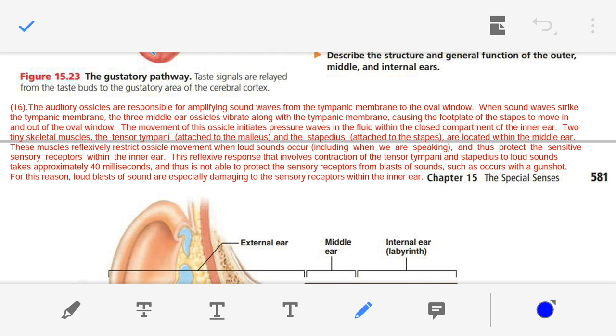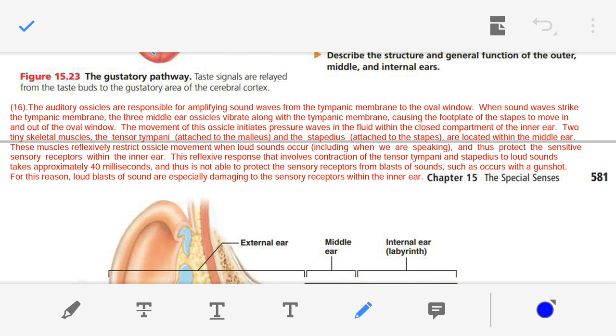Due to this high pressure, the receptor cells in the inner ear are going to be damaged, so the entire hearing process is going to be disturbed. But to prevent that, this muscle reflexively restricts the movement of the ossicles at the time of loud sound. So basically this muscle reflex is protecting our inner ear receptors.